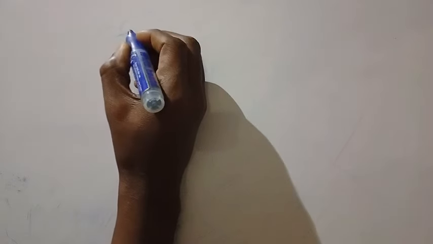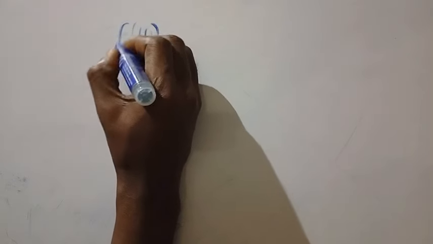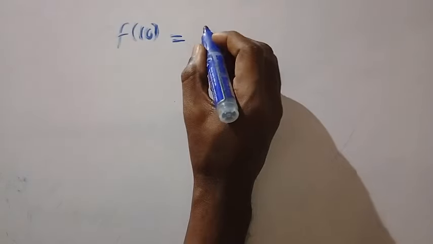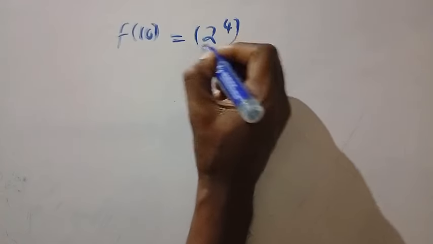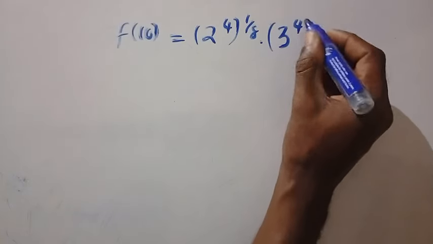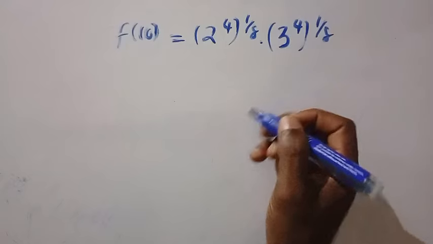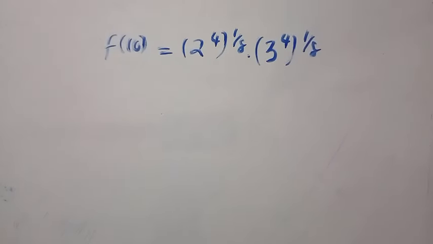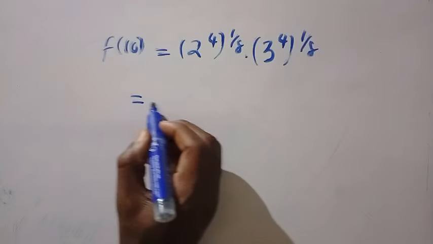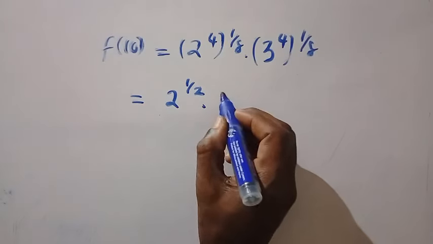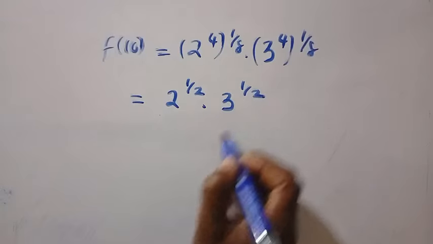So we have f(10) equals 2 power of 4, all raised to power 1 over 8, multiplied by 3 power 4 all raised to power 1 over 8. And then f(10) equals 2 power of 1 over 2 multiplied by 3 power of 1 over 2.